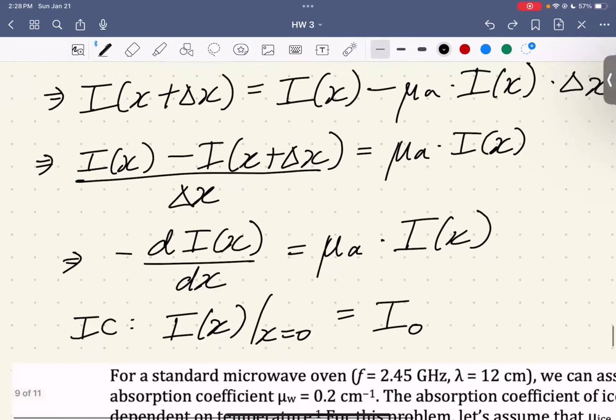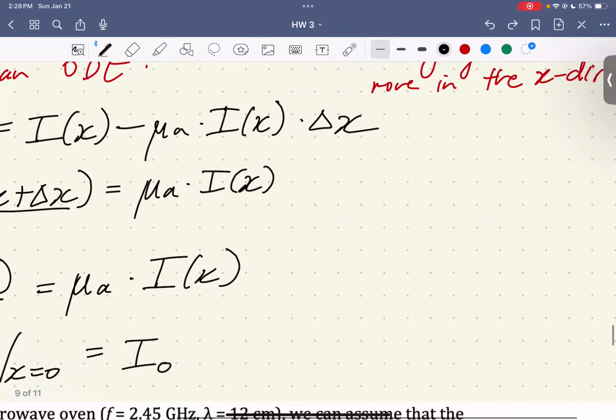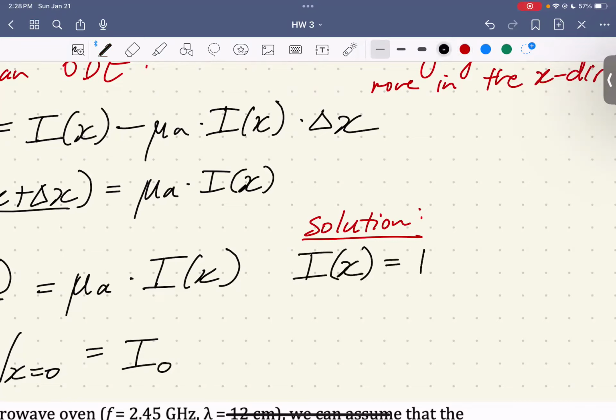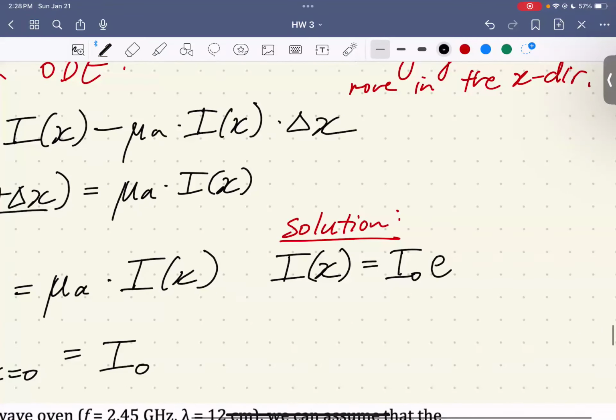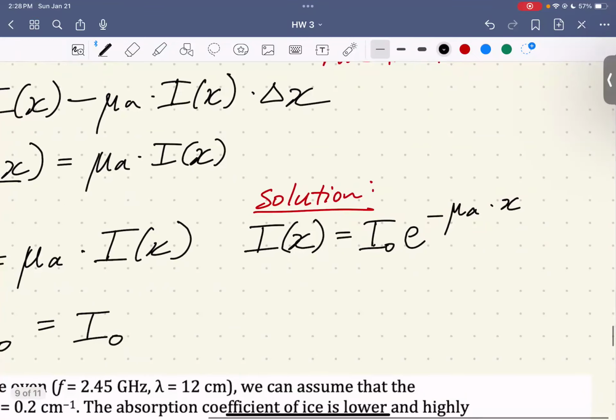So it's going to be I naught. That means the solution to this ordinary differential equation is going to be I of x is equal to I naught, by the initial condition, times e to the negative mu A times x. Okay, that is the solution to our ordinary differential equation.